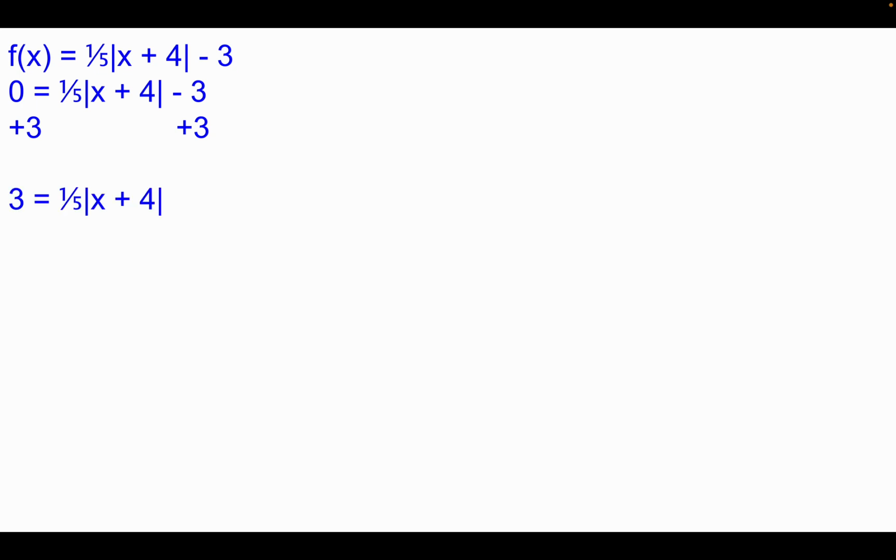That gets me 3 equals 1/5 times the absolute value of x plus 4. Now I'll multiply both sides by 5. You might think divide by 1/5. That's okay too. Dividing by 1/5 and multiplying by 5 are the same thing. Either way, you'll get 15 equals the absolute value of x plus 4.